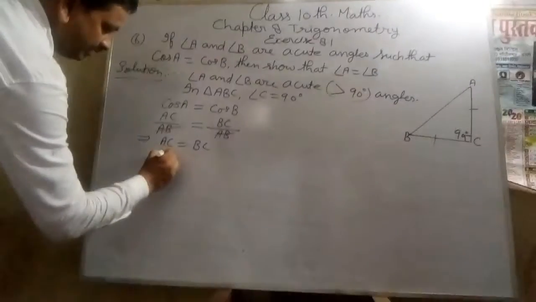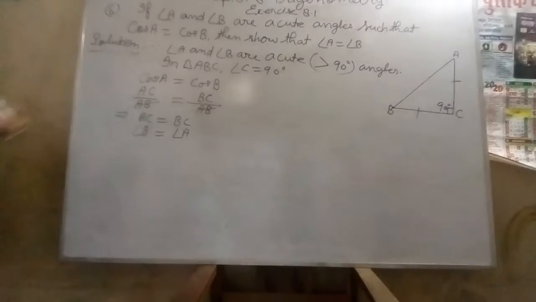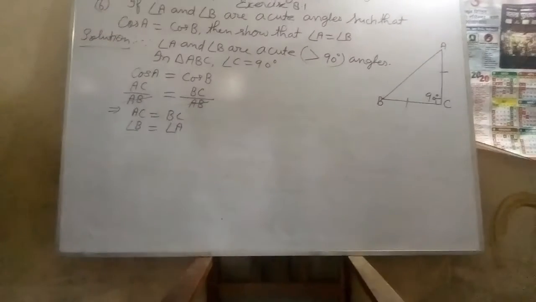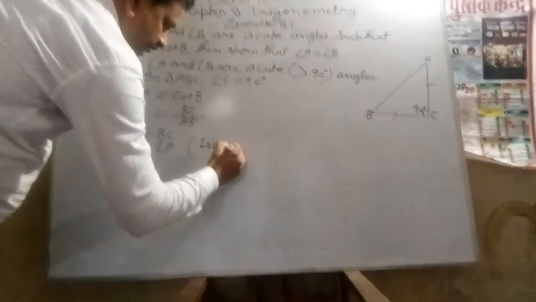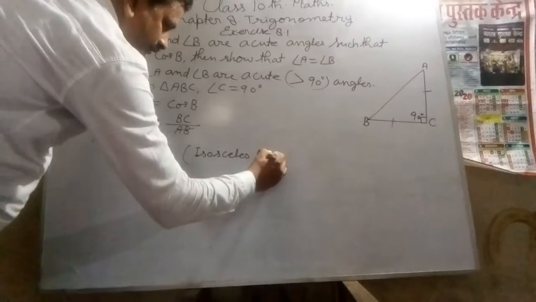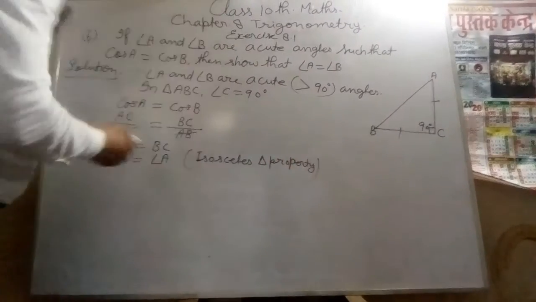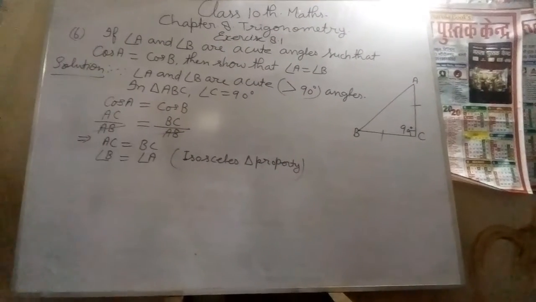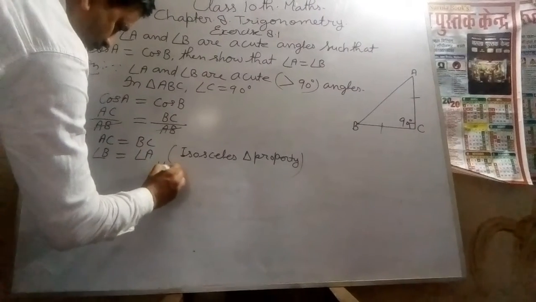Therefore, angle B equal to angle A, or angle A equal to angle B, by isosceles triangle property. So now we have proved, hence proved.